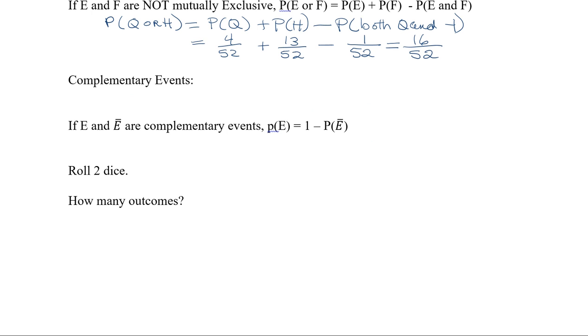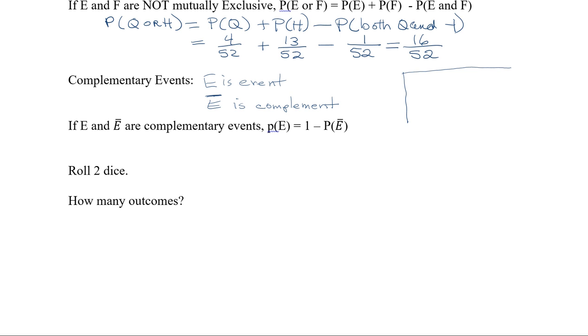We sometimes talk about complementary events. If E is an event, E complement is its complement. And if they're complementary events, the probability of the event is 1 minus the probability of its complement.